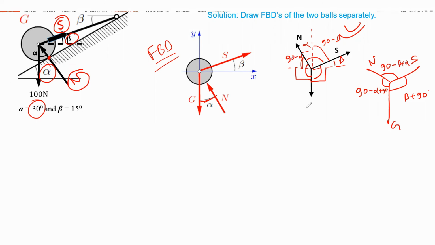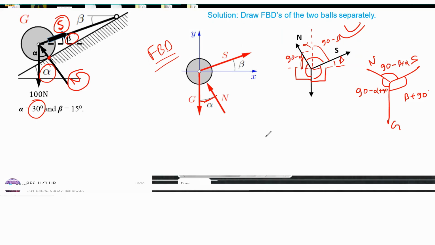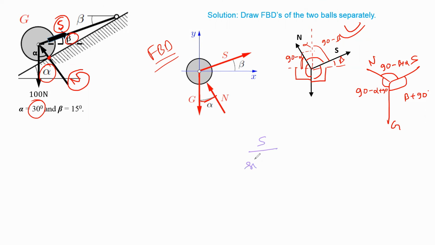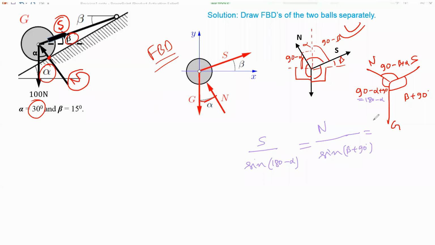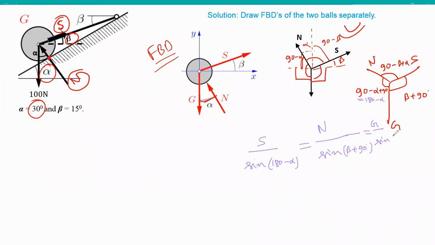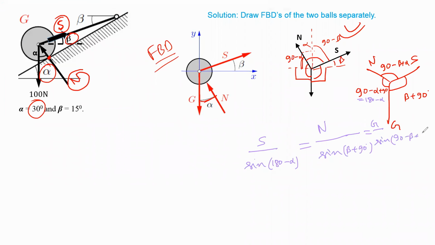So according to Lami's theorem, you will get this formula, that will be S divided by sine 180 minus alpha, equal to capital N divided by sine beta plus 90 degree, equals to G divided by sine 90 minus beta plus alpha.